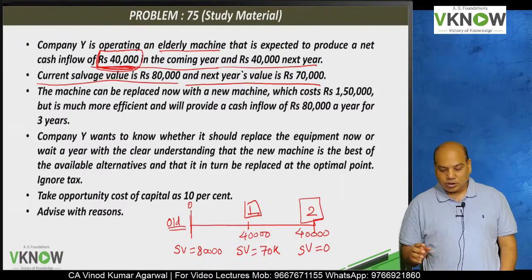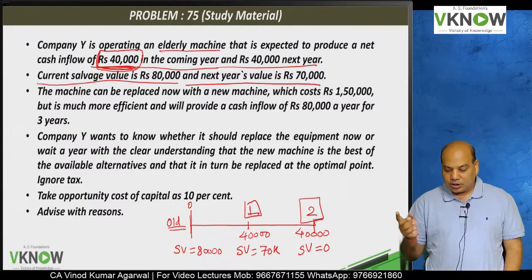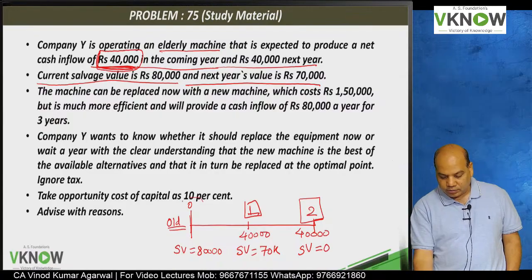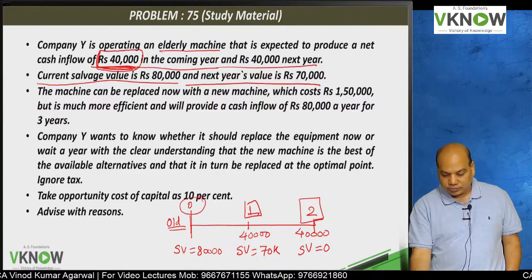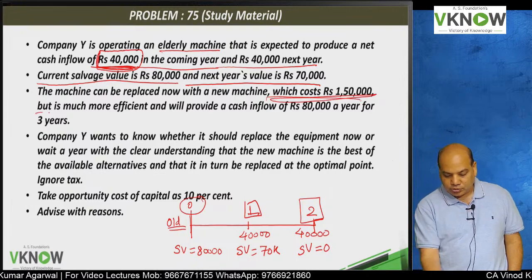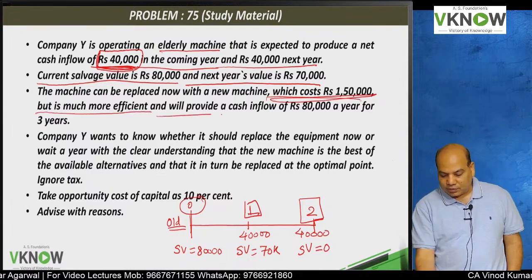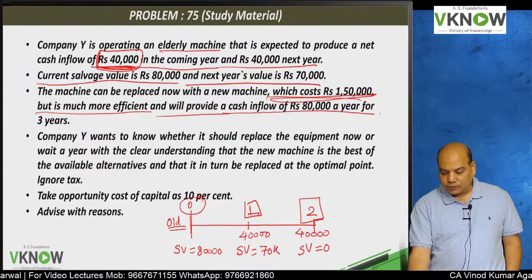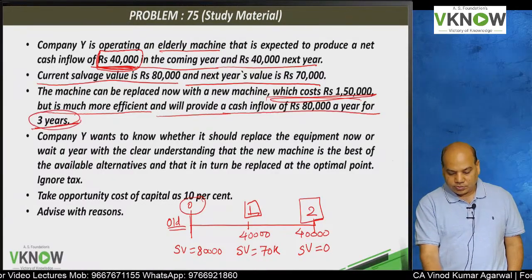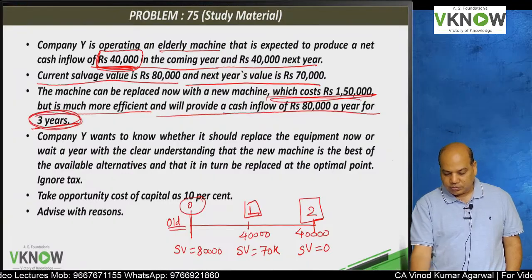And what is the option now? The machine can be replaced now with a new machine. Alternative 1, replace now, which will cost 50,000 but is more efficient and will provide a cash inflow of 80,000 a year for 3 years. So this machine has a life of 3 years.